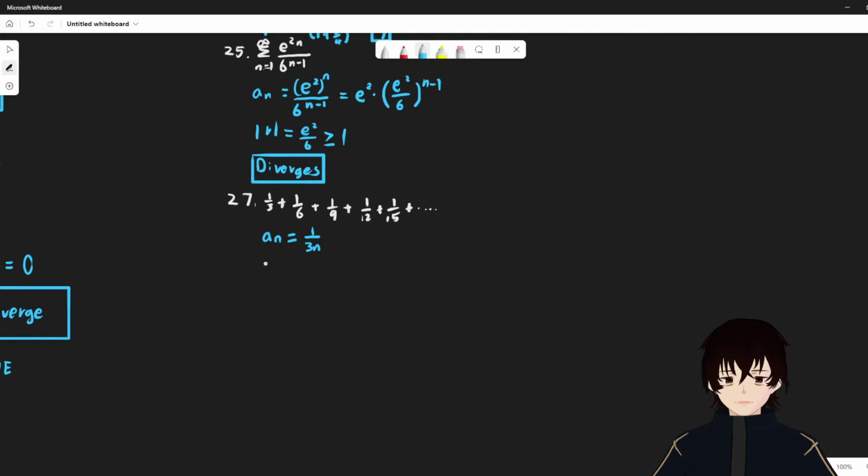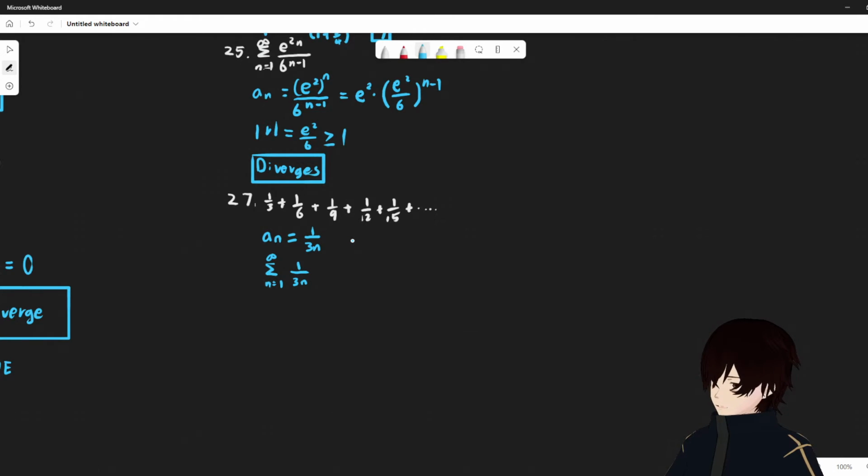Therefore, our sum is going to be from n equals 1 to infinity of 1/3n. How do I do this? It's not a geometric series.